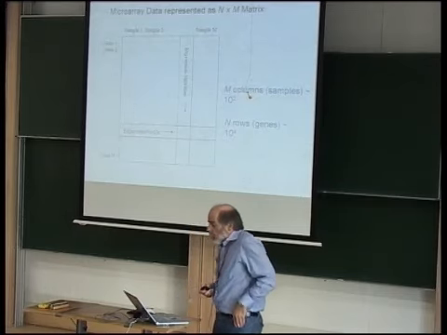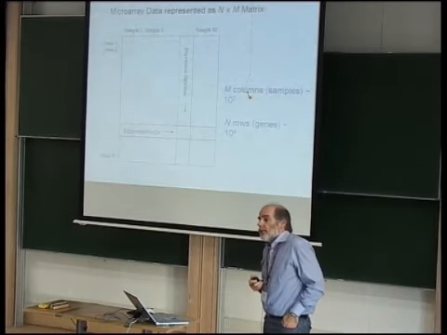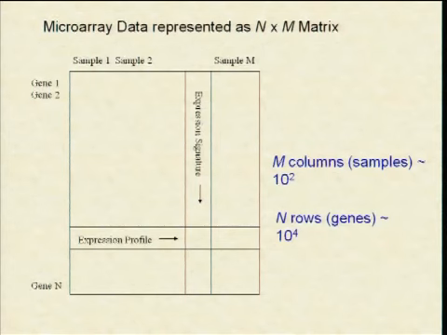Well, I'm concerned with the statistical analysis of microarray gene expression data. If you've got, say, M microarray experiments, you can represent the output in this capital M by M array.